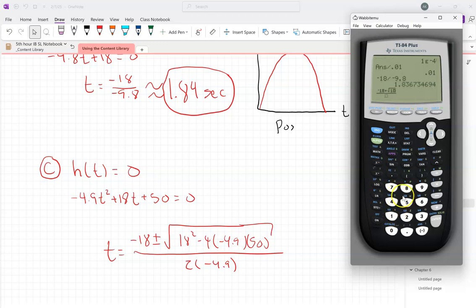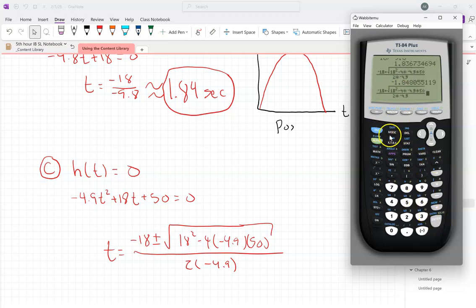Now, what kind of answers are going to be feasible or infeasible for time? What kind of time answer is a nonsense answer? Negative. So if I get a negative answer for one of these two, I should be getting two solutions, right? That's going to be an indicator to me that that's not the one I want. So there I go, I got a negative. That's not what I want.